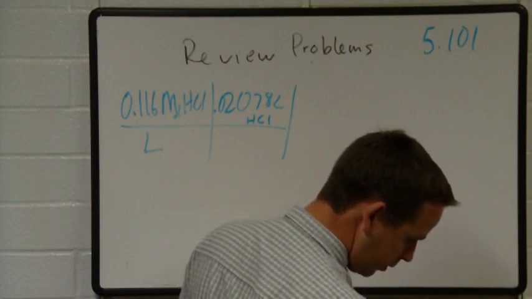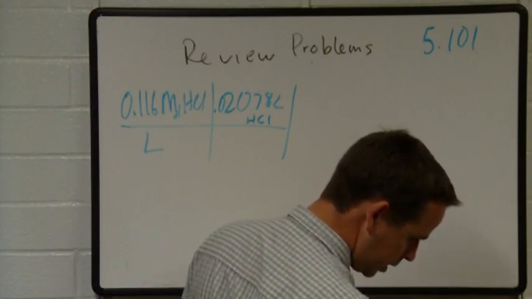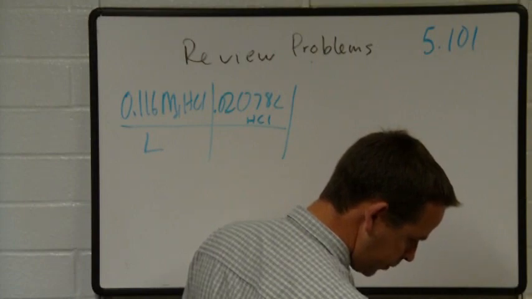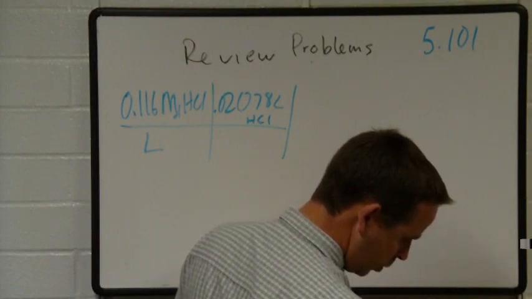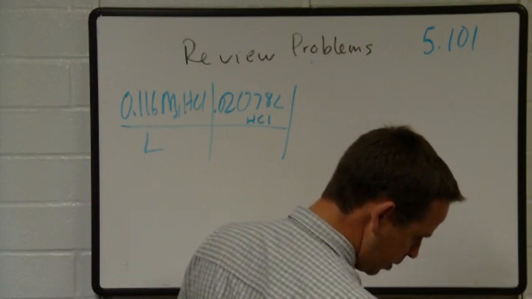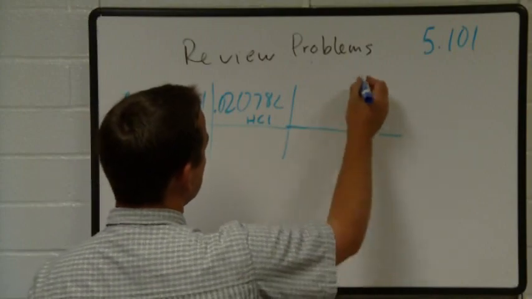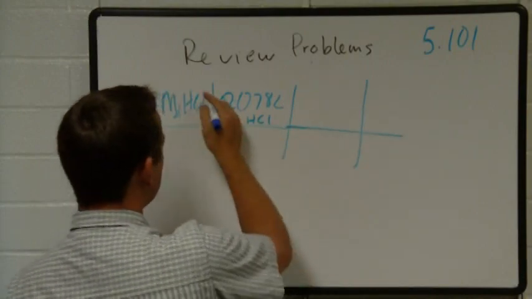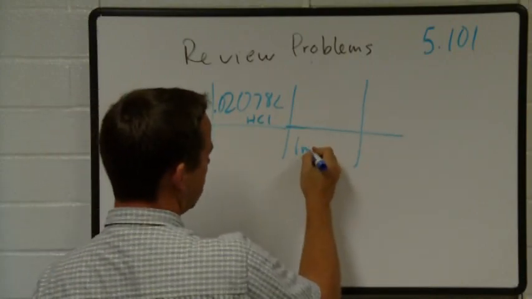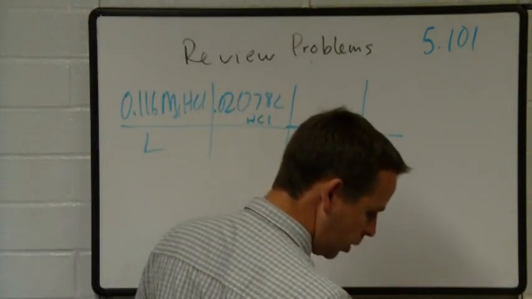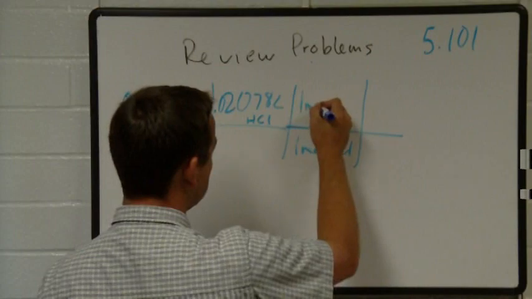What is the molarity of an aqueous solution of potassium hydroxide? Okay, so now we're in moles of HCl, and for every 1 mole of HCl, we're going to consume 1 mole of potassium hydroxide.